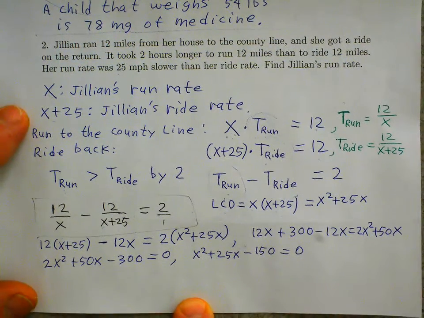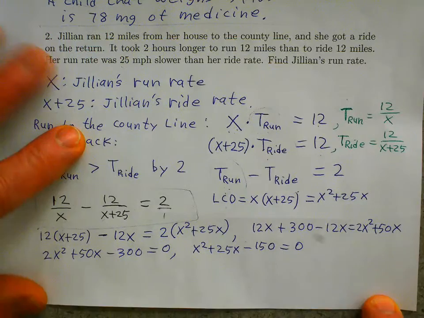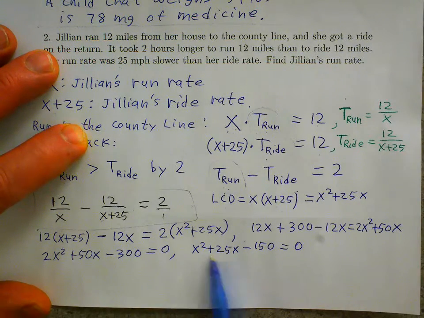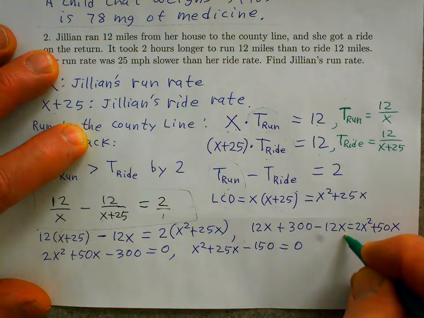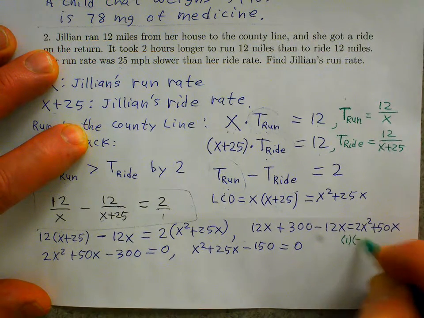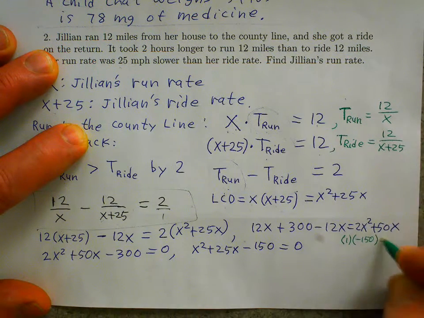So I'm almost out of space. If we use the AC method, 1 times negative 150, so 1 times negative 150 equals negative 150.